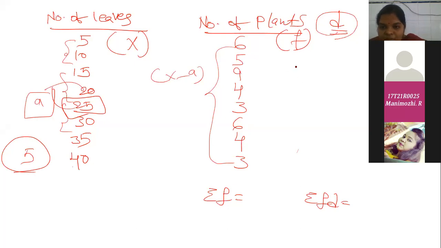See carefully, plus values and minus values are there in sigma FD. Just see carefully. Tell me the sigma F value. 40, ma'am. 40. Then write down the D values.